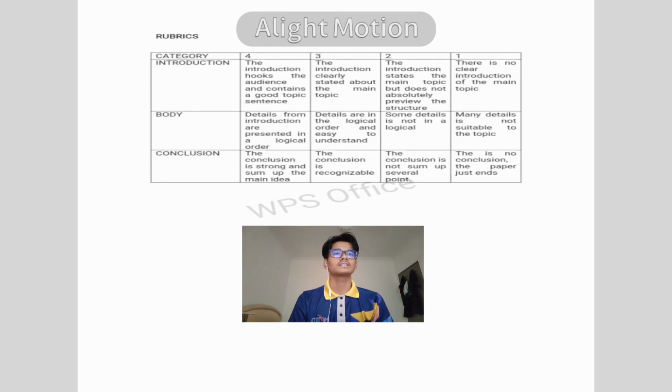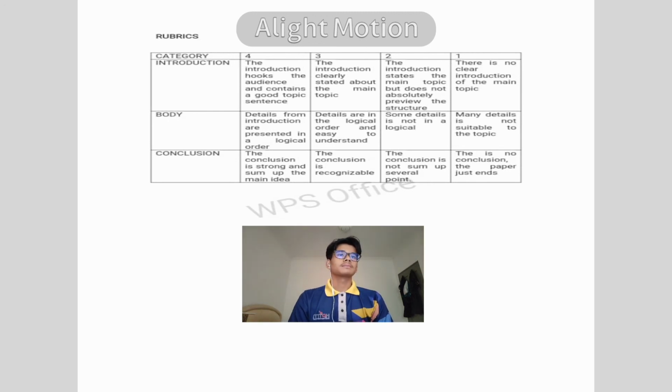The second one is the introduction states the main topic but does not absolutely preview the structure. For 3 marks, the introduction clearly states the main topic, and the 4th mark, which is the high mark, the introduction hooks the audience and contains a good topic sentence.